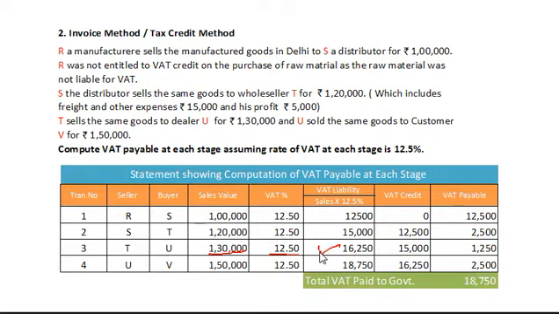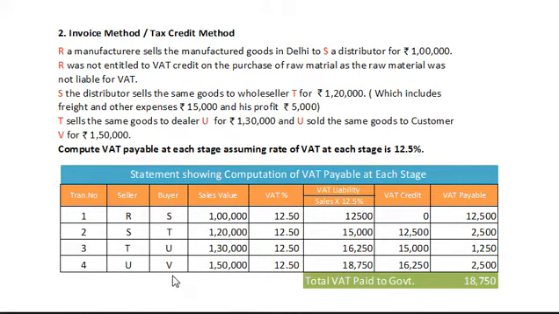In our second transaction, T paid 15,000 VAT to S. So here T is eligible for credit of rupees 15,000. So net VAT payable to the government by T amounts to 1,250.